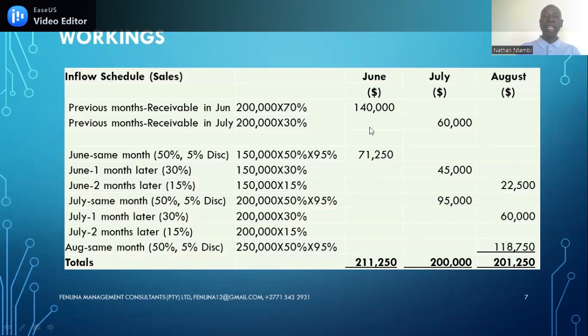Those are the expected receipts from the sales that we are making in June, July, August, plus the opening balance of 200,000 that had been sold but has to be received in June and July.